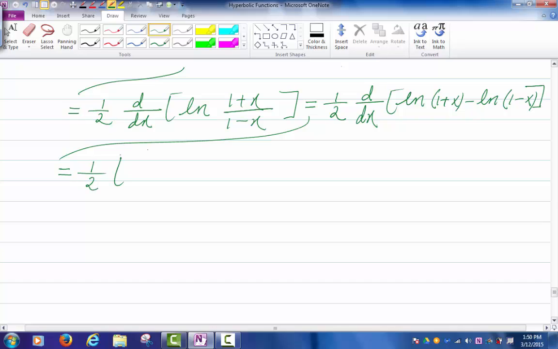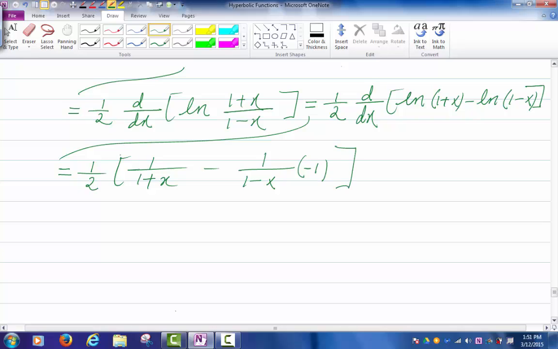What's the derivative of ln of 1 plus x? 1 over 1 plus x. What's the derivative of ln of 1 minus x? 1 over 1 minus x, and I have to multiply by a negative 1, isn't it?